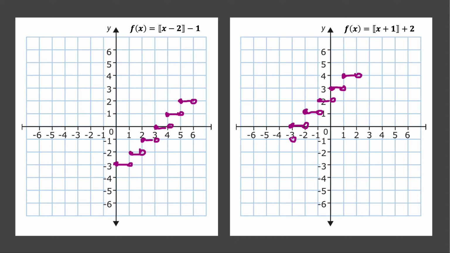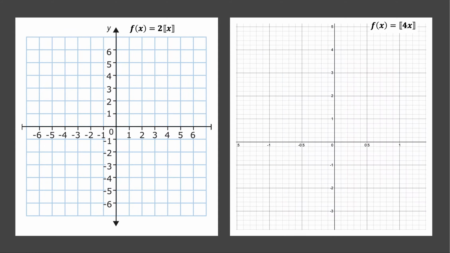And this process continues. Let's go to another question when we have, for example, the vertical stretching or compression factor in the front here. Here the parent function is going to be in the same position as it was here, but it's just going to stretch by this factor. This step function is going to stretch for 2 units.